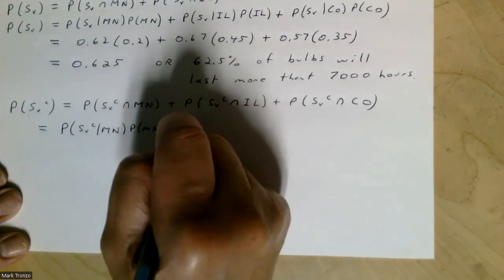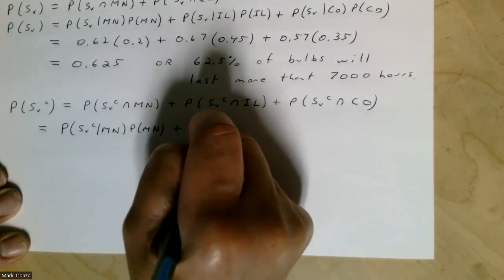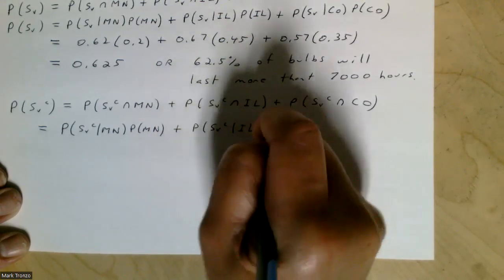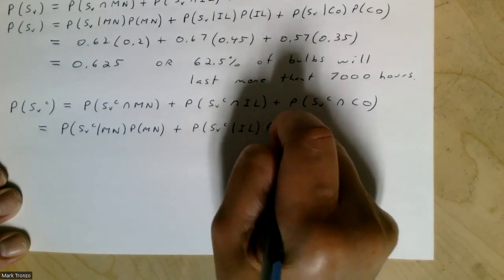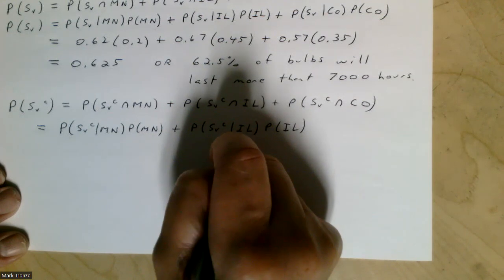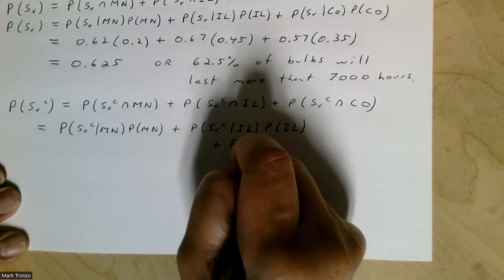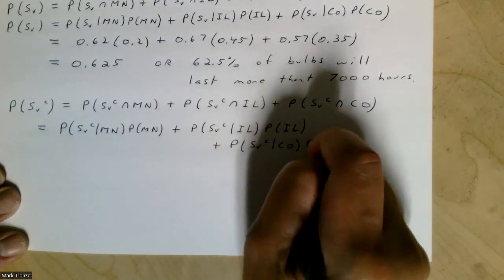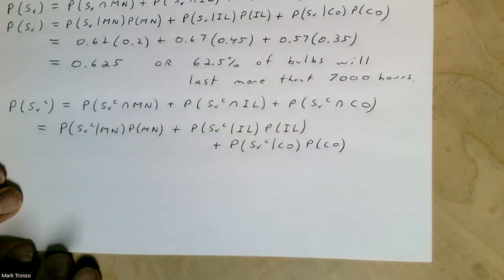And same thing over here. Probability of SVC given IL, probability IL, probability of SVC given Colorado, probability of Colorado.